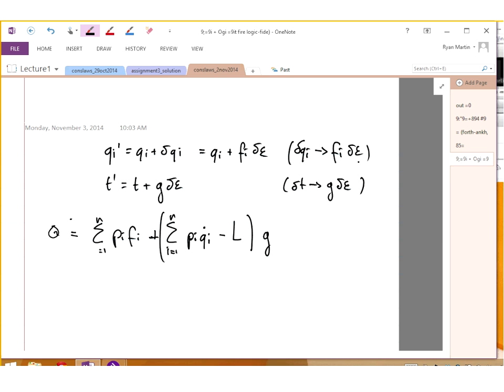And then I just dropped the delta epsilons, since they are arbitrary. So a constant divided by another arbitrary constant is still a constant. Or they would have factored out of the integral that was equal to 0.